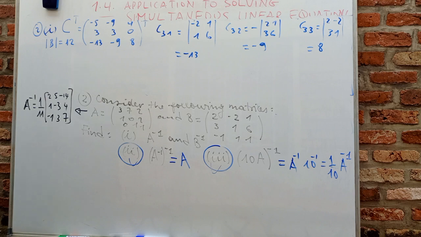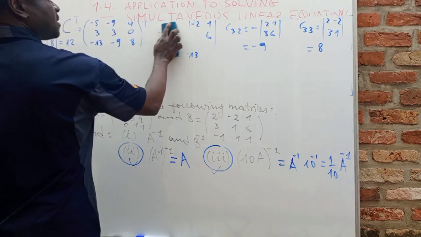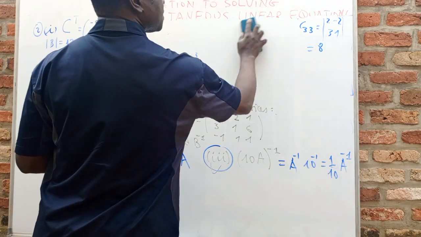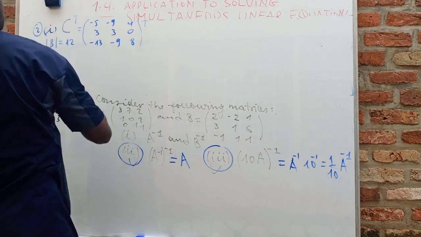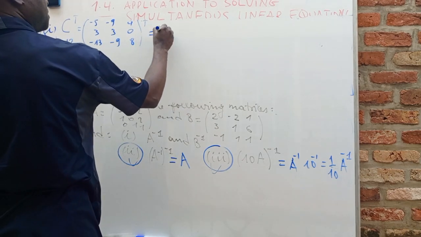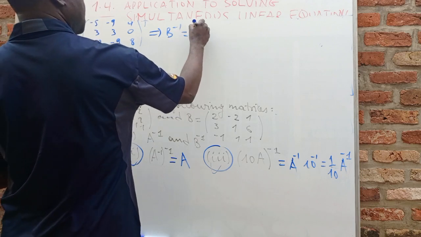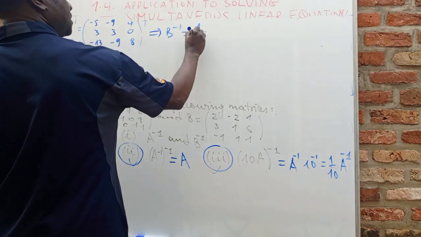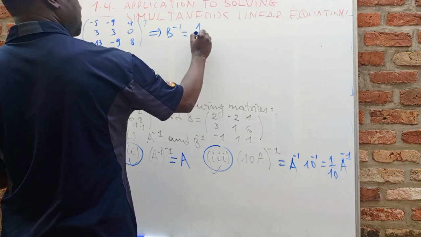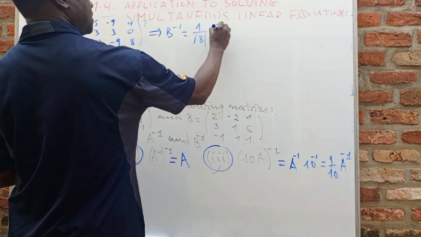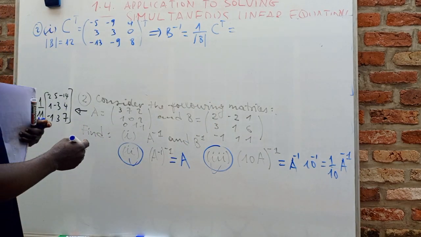Okay, now the inverse matrix is going to be equal to the inverse of B. This matrix, its inverse is 1 over the determinant of B times the transpose of the cofactor matrix.